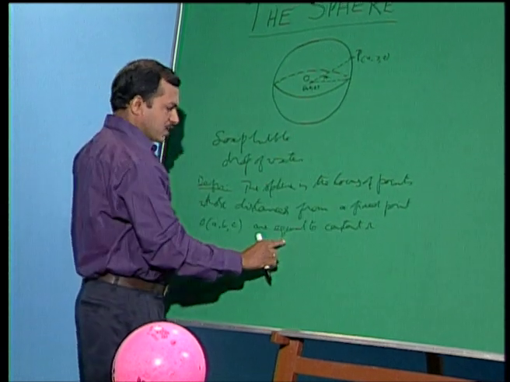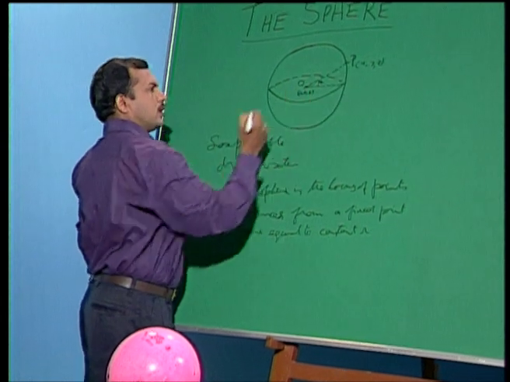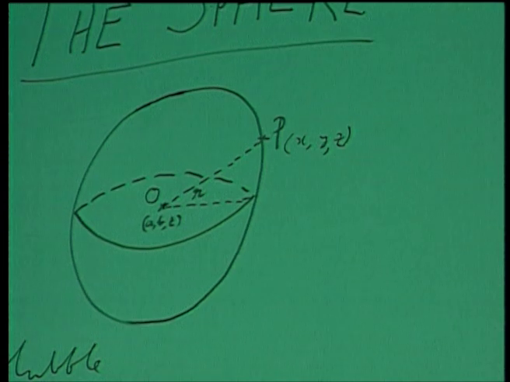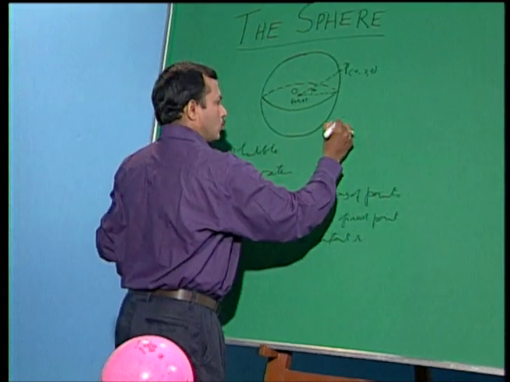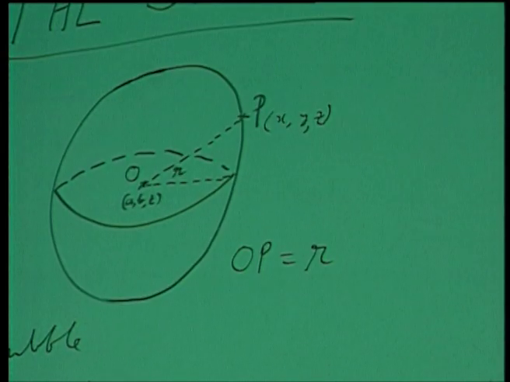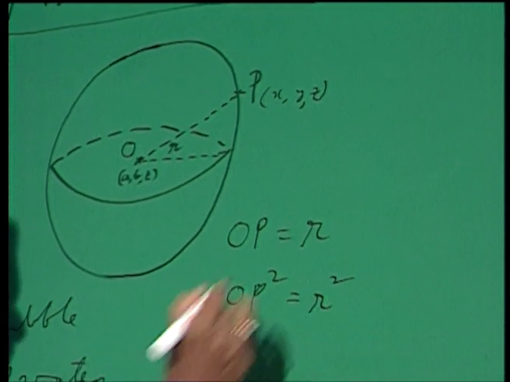Therefore, by definition its distance from this fixed point O is the constant length r. So, distance OP is equal to small r, and if we square this on both sides, we have OP square is equal to small r square.